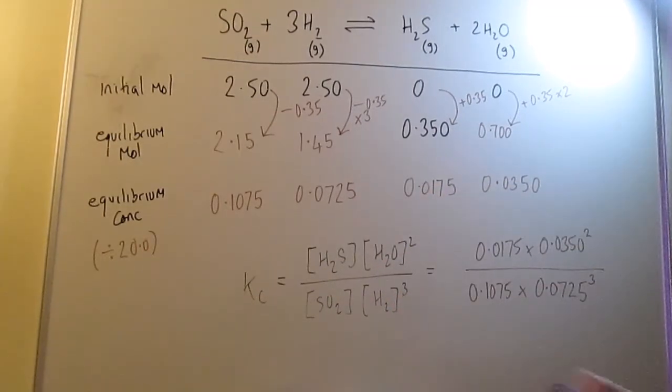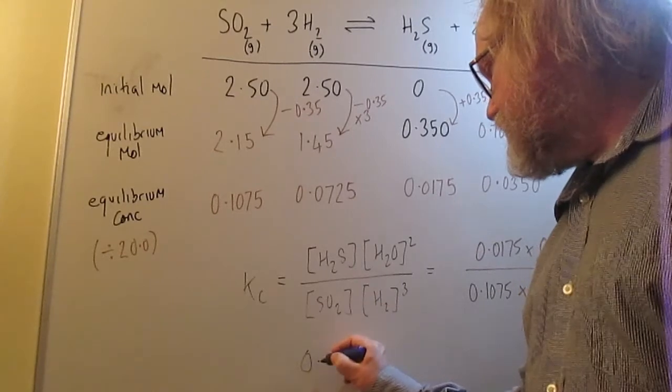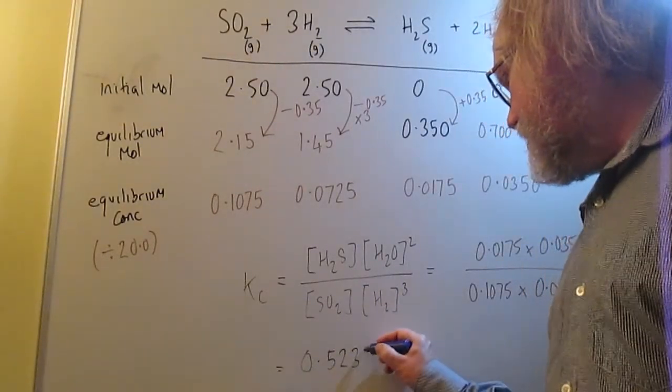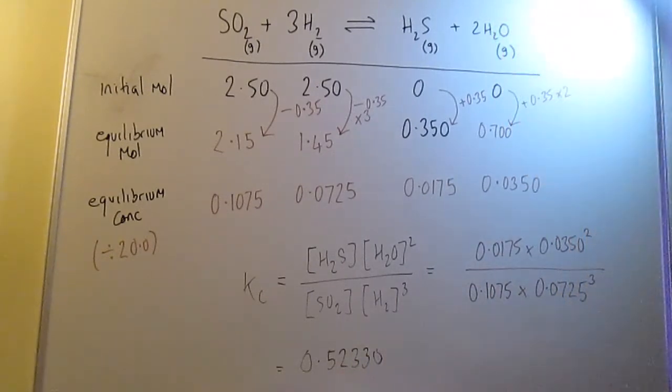If you work that number out, your calculator should tell you that that equals 0.52330 something or other. But you've got to be careful, because it says in the question that it has to be rounded to an appropriate number of significant figures.